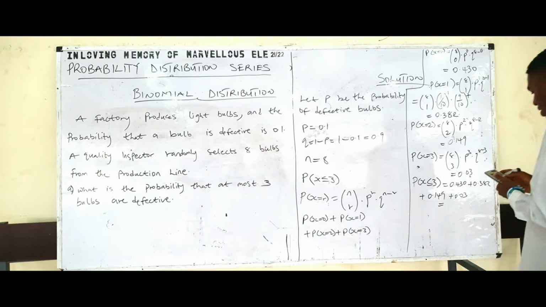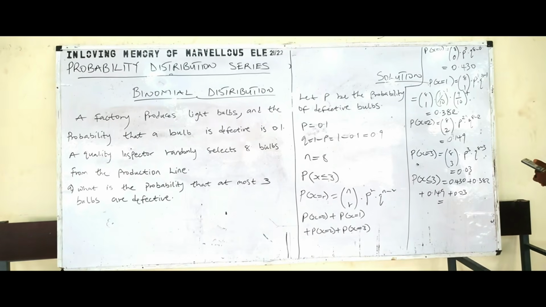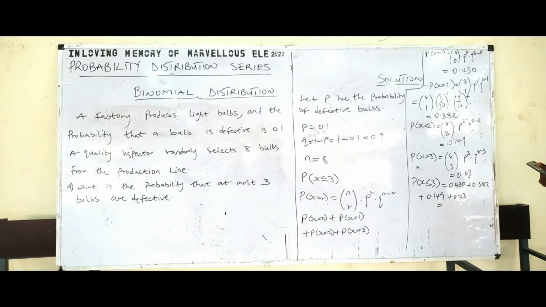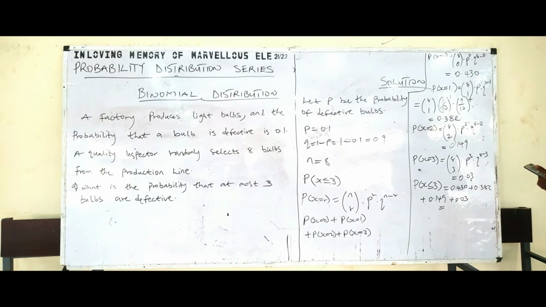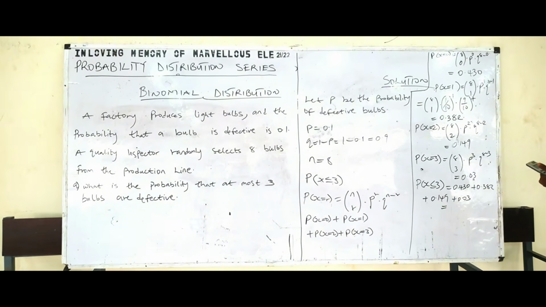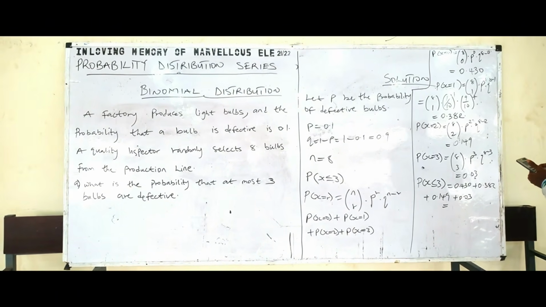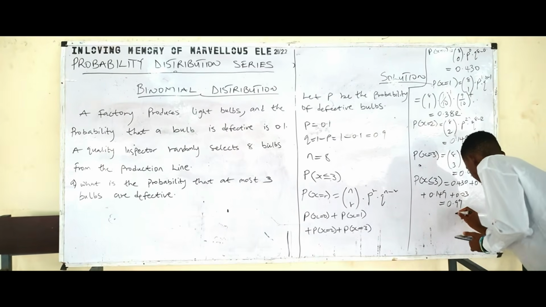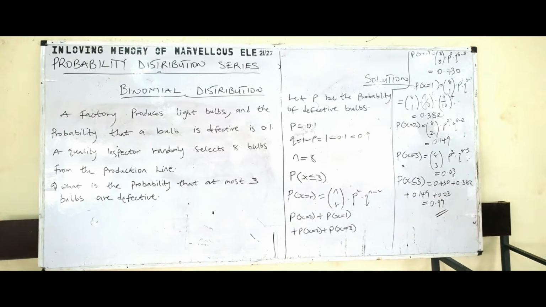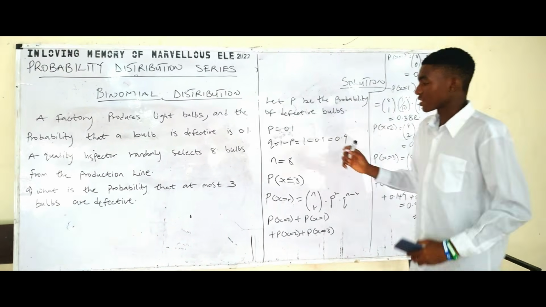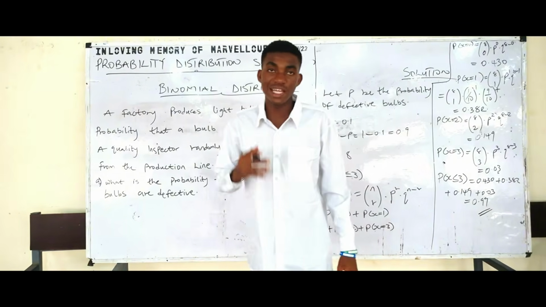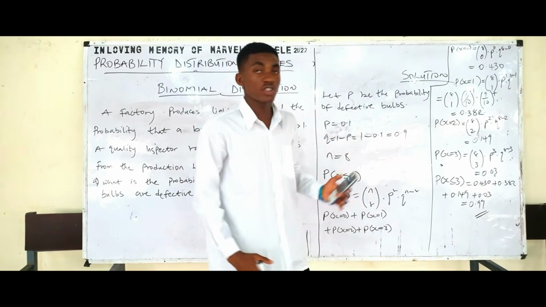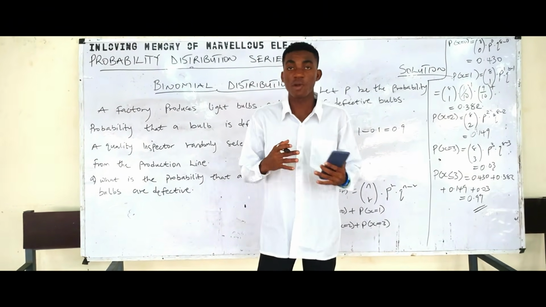Adding all this, you get 0.99. This is your final answer. This is the probability that at most 3 bulbs are defective. Now let's go to the next distribution series, which is the Poisson distribution.